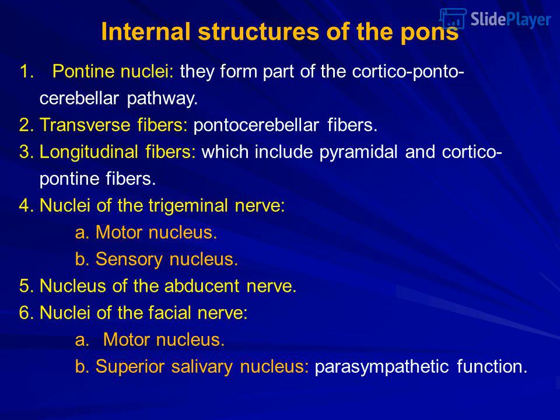Nuclei of the trigeminal nerve: A. Motor nucleus. B. Sensory nucleus. 5. Nucleus of the abducent nerve. 6. Nuclei of the facial nerve: A. Motor nucleus. B. Superior salivary nucleus, parasympathetic function.